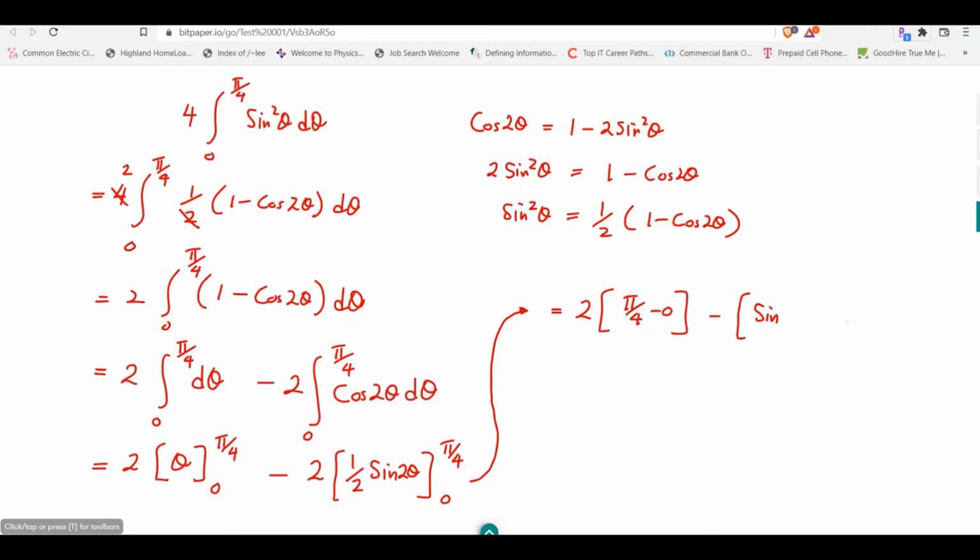So it will be sine pi over 2 minus sine 0. But remember that sine 0 is 0. So we get pi over 2 minus sine pi over 2, which is 1. So the final answer is going to be pi over 2 minus 1. So that's the final answer for this integration.